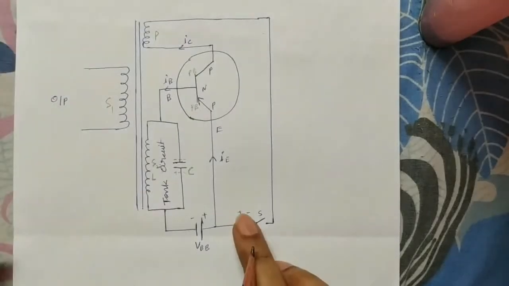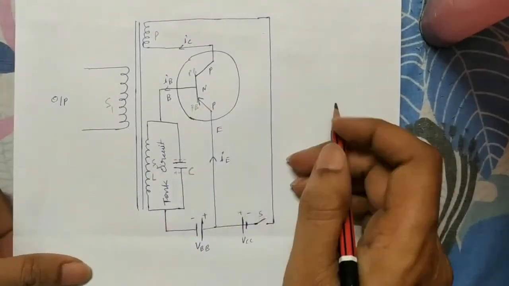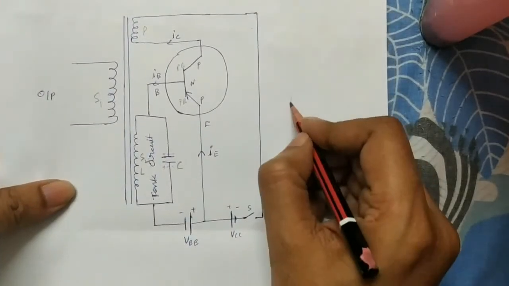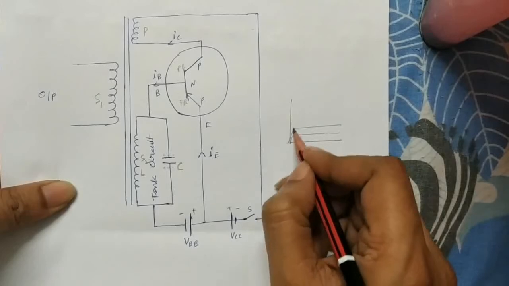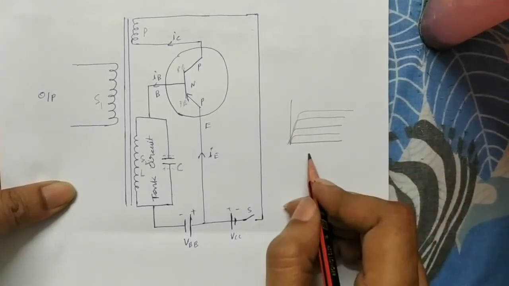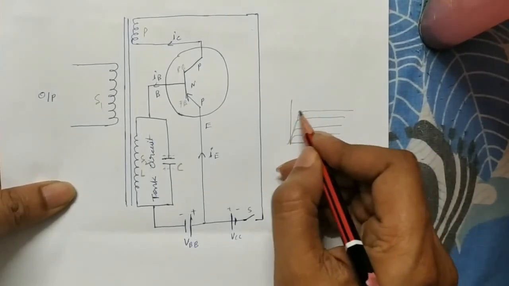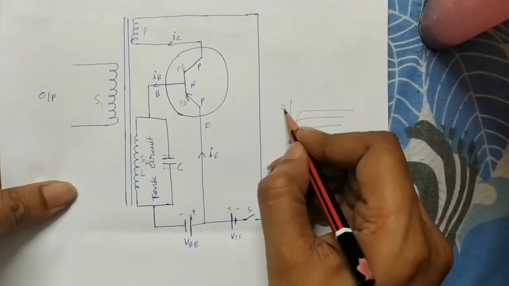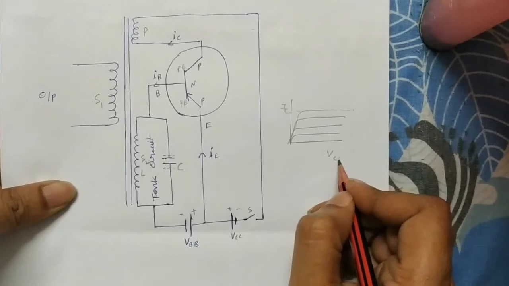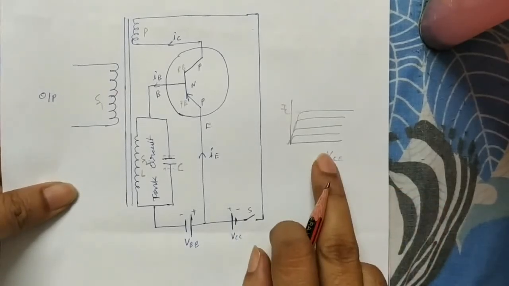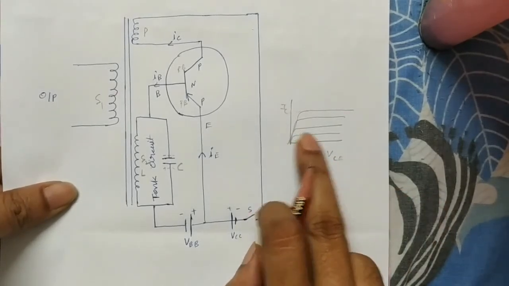And after that, what happens? Look at the output characteristics of a transistor. As the input current increases, the output current also increases. Up to the required current I_C, as the output potential V_CE increases, I_C increases a little, then becomes constant.